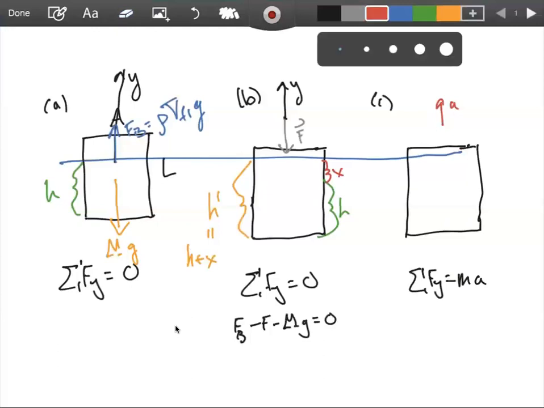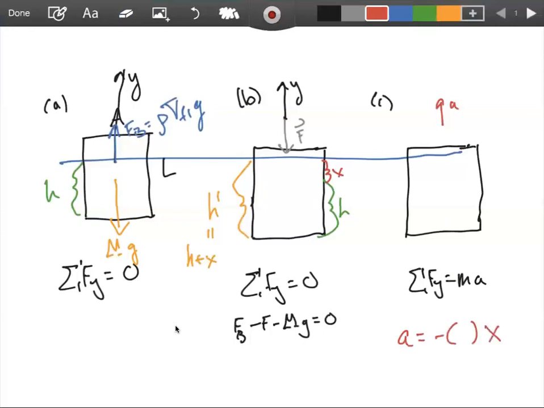What I want to do, as we talked about in class, is get A equal to negative something times X. So I'm going to have to use my solution from part A to get it in this form. Whatever shows up in front of the X will be my omega squared by definition. From there, we'll read off what omega squared is, and then use that to determine the period.